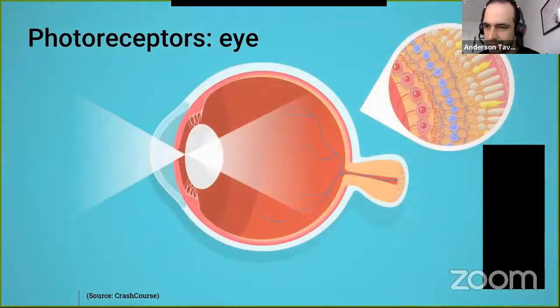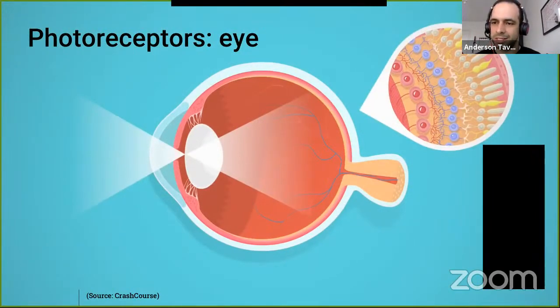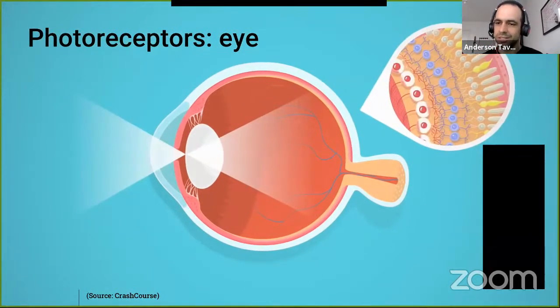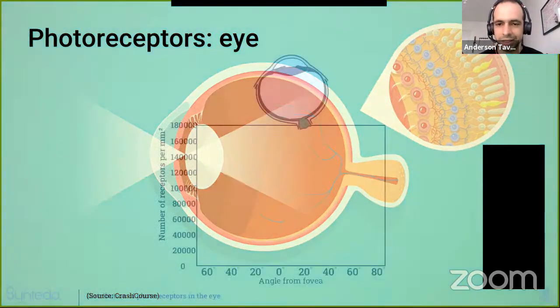I can show some animation here. When the light hits the retina, we have this pulse going from the rods and cones to the ganglion cells and to the optical nerve, which goes to the brain here.